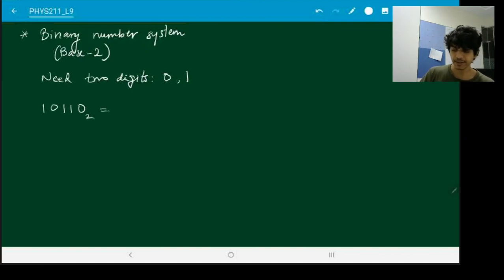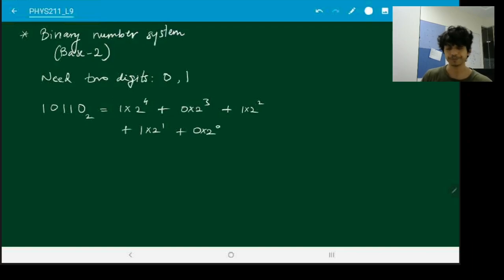So how should I write this? I will write this in terms of powers of 2. So 0, 1, 2, 3, 4. So this is going to be 1 times 2 to the 4 plus 0 times 2 to the 3 plus 1 times 2 to the 2 plus 1 times 2 to the 1 plus 0 times 2 to the 0.